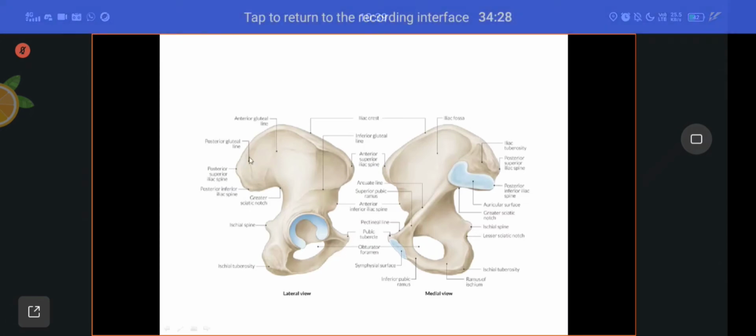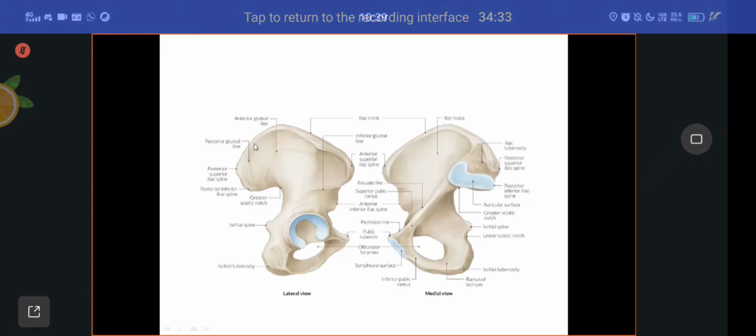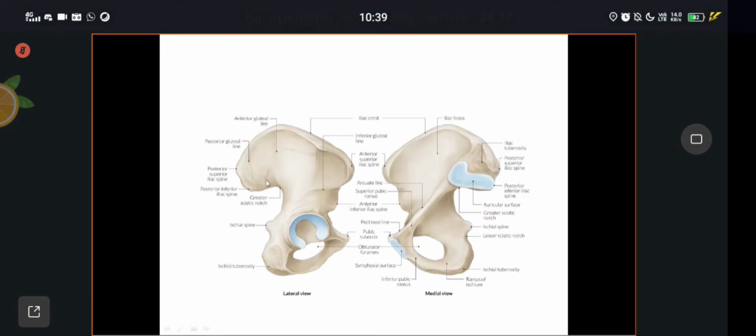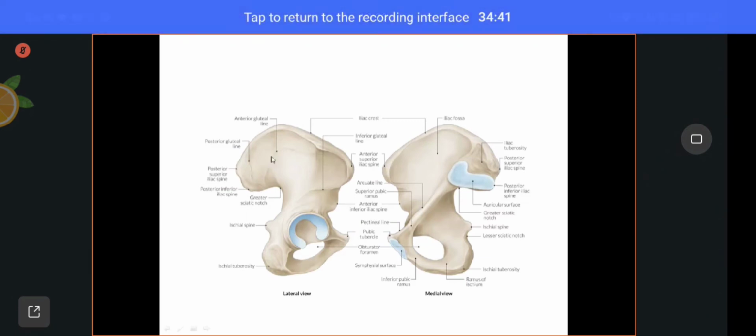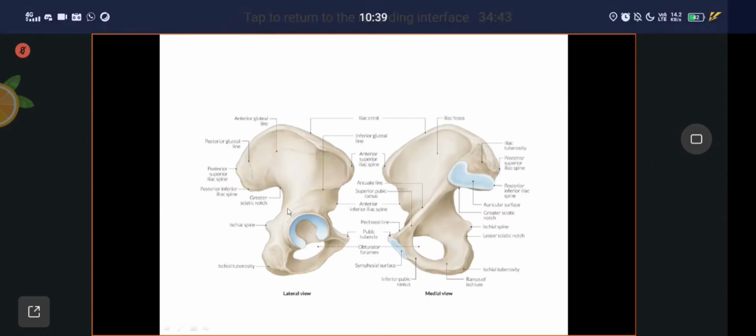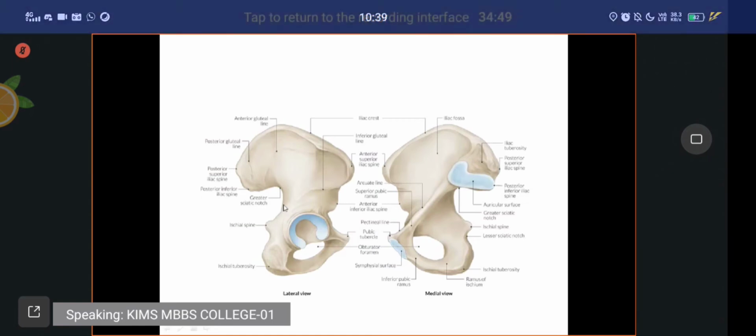That is the posterior gluteal line, which I am showing you with an arrow. Then you can see one more line here, which I am showing you with an arrow. This is the anterior gluteal line and the inferior gluteal line.